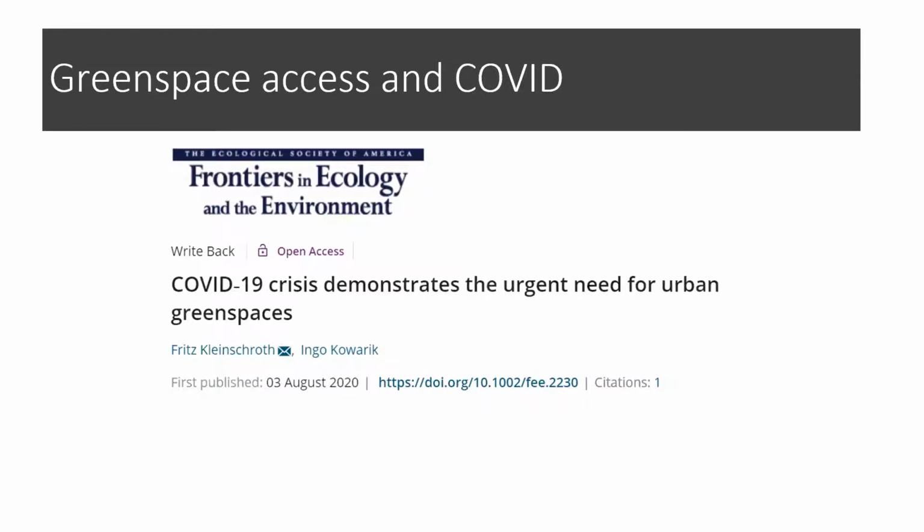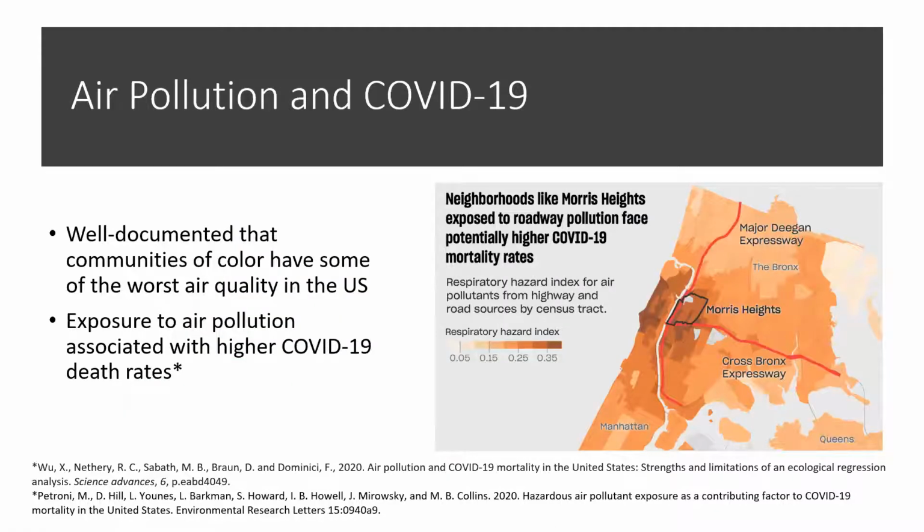And it was highlighted, of course, in this paper here recently. And then again, thinking about other factors that I mentioned, I said these redlined areas are often subject to more pollution. Bringing that back to COVID again, it's well documented that communities of color have some of the worst air quality in the US. And exposure to air pollution has been found to be associated with higher COVID-19 death rates.